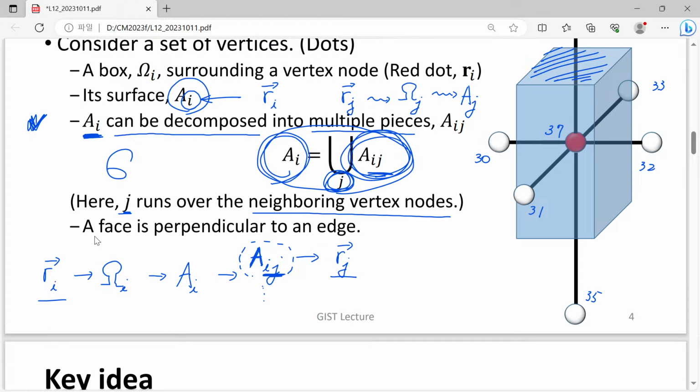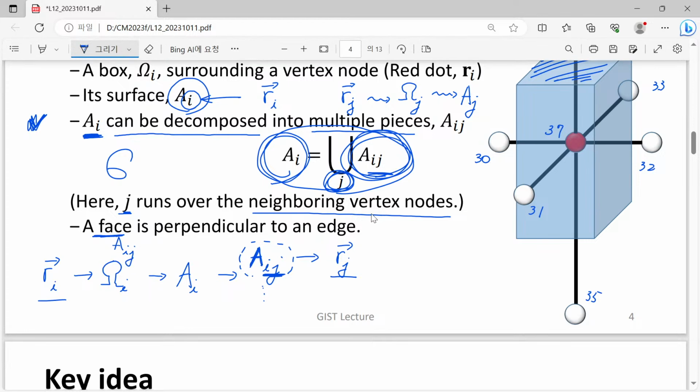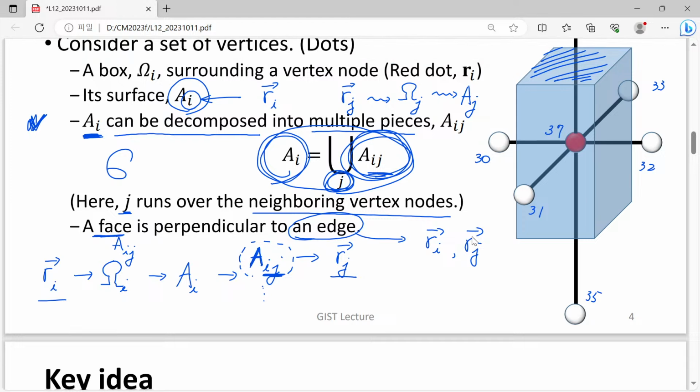A face here means something like A sub ij, perpendicular to an edge. Which edge? The edge connecting R sub I and R sub j. That is my prerequisite for applying the box method.